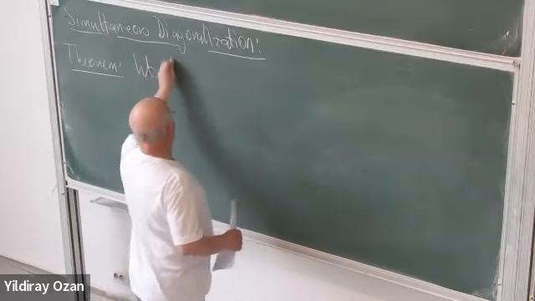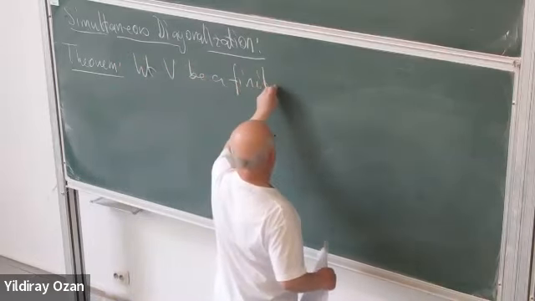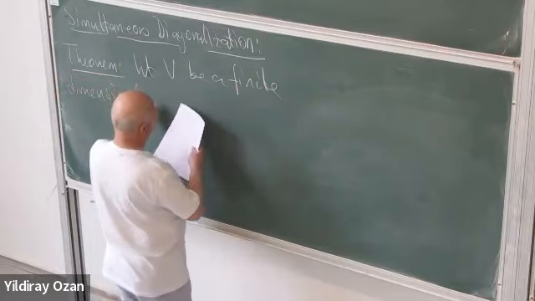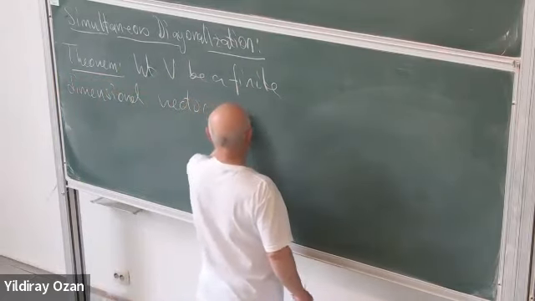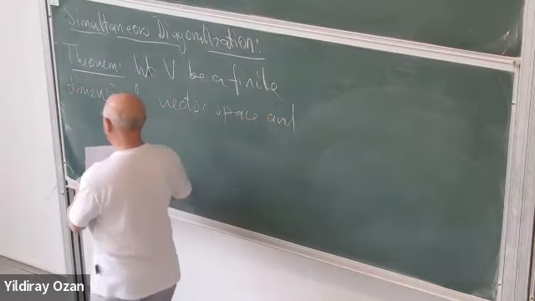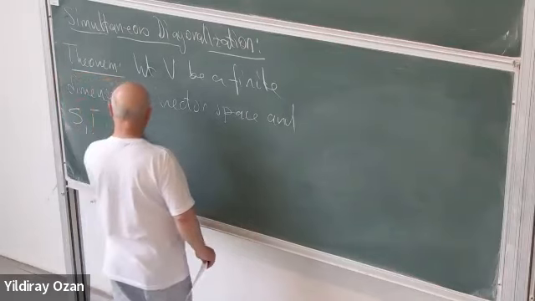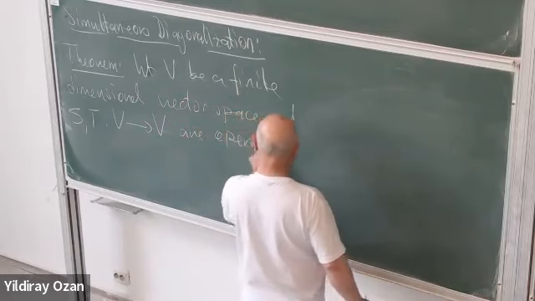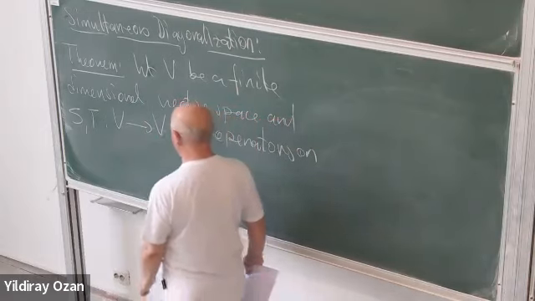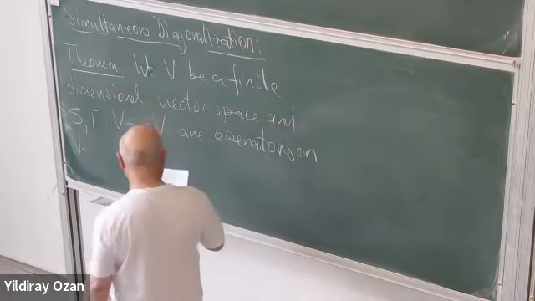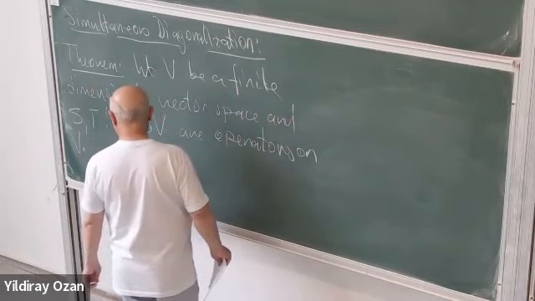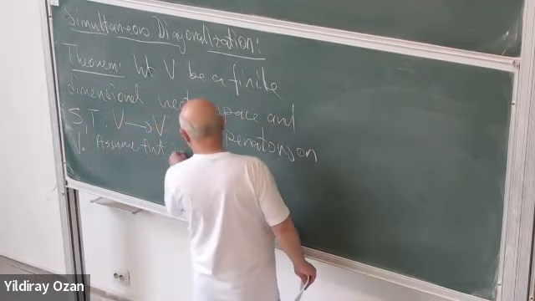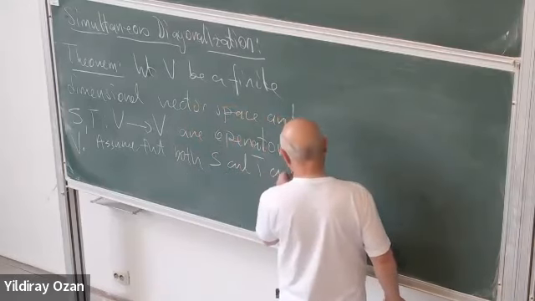Now, let V be a finite dimensional vector space and S and T be operators on V. Assume that both S and T are diagonalizable.